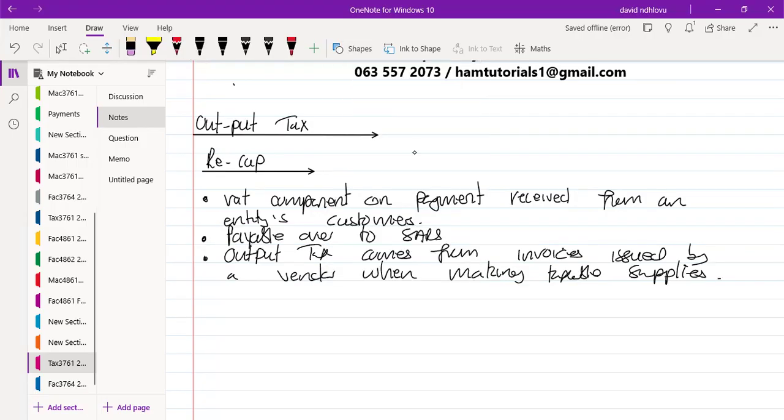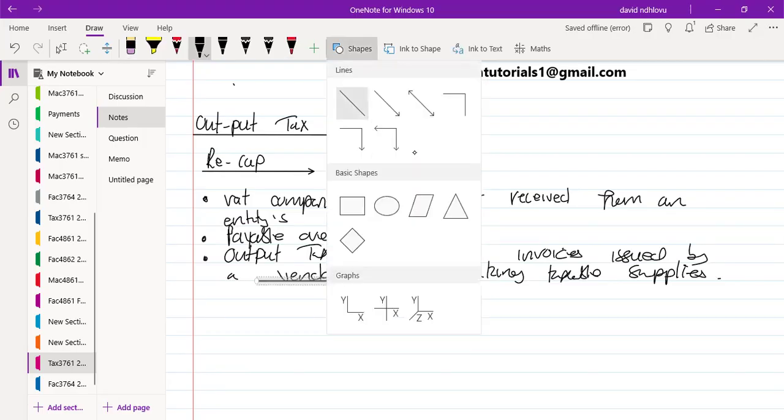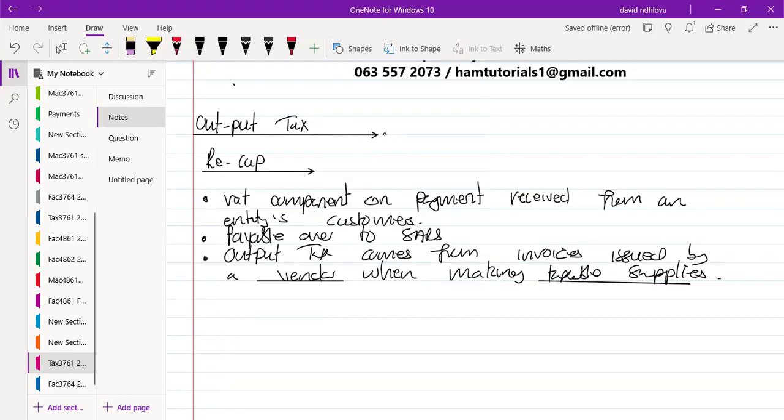Right, so obviously, for an invoice to carry VAT, it means the person invoicing must be a vendor. That's number one. And the person must be making taxable supplies. Then they are obliged at law, on whatever price they're charging their customer, to levy VAT, currently at 15%, over and above what they are charging the customer.